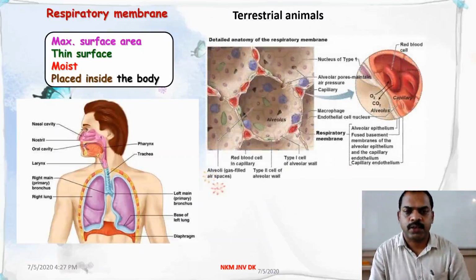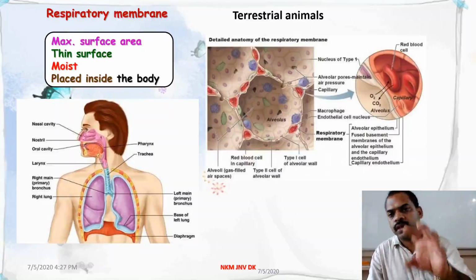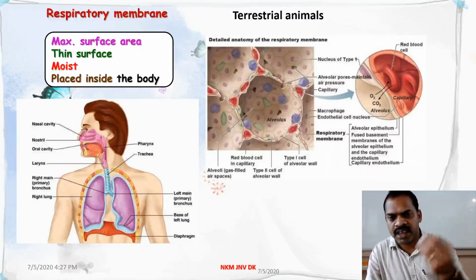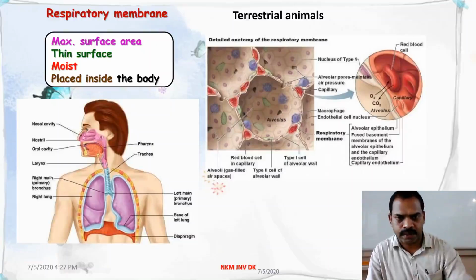Of the respiratory membrane. So what we are seeing here is the cut open part of an alveolus. Alveoli are the balloon-like ends of our airways. We'll discuss that; I'll be showing you that. So this is the cut open part. You can see that it is very thin.